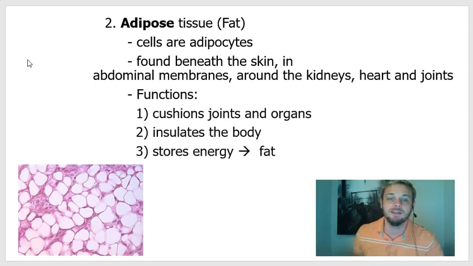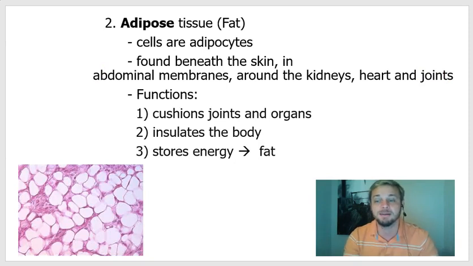You're also going to find it in the abdominal membranes, like the greater omentum, around the kidneys, around the heart, around the joints. You can also find them in the yellow marrow of bone. That's about it. You don't have fat everywhere. Very, very special places to have it.